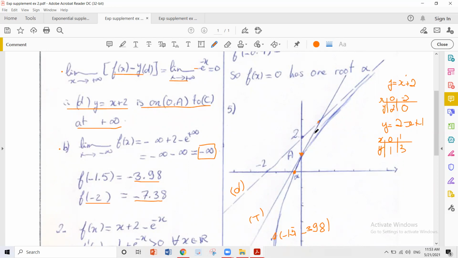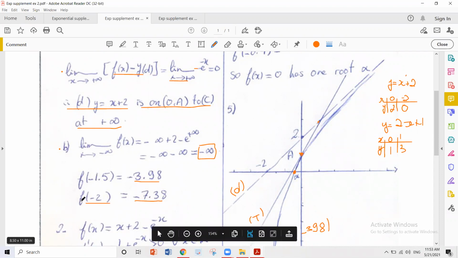Any questions about the drawing? Where is f of -2?